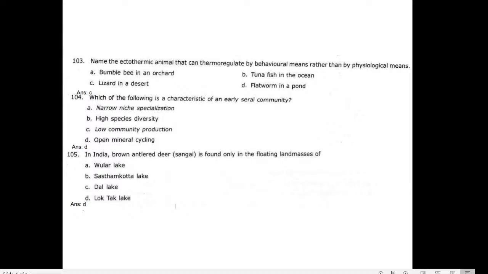The key point is that whenever we see a question, we want the keywords. Here, ectothermic animal is a keyword.